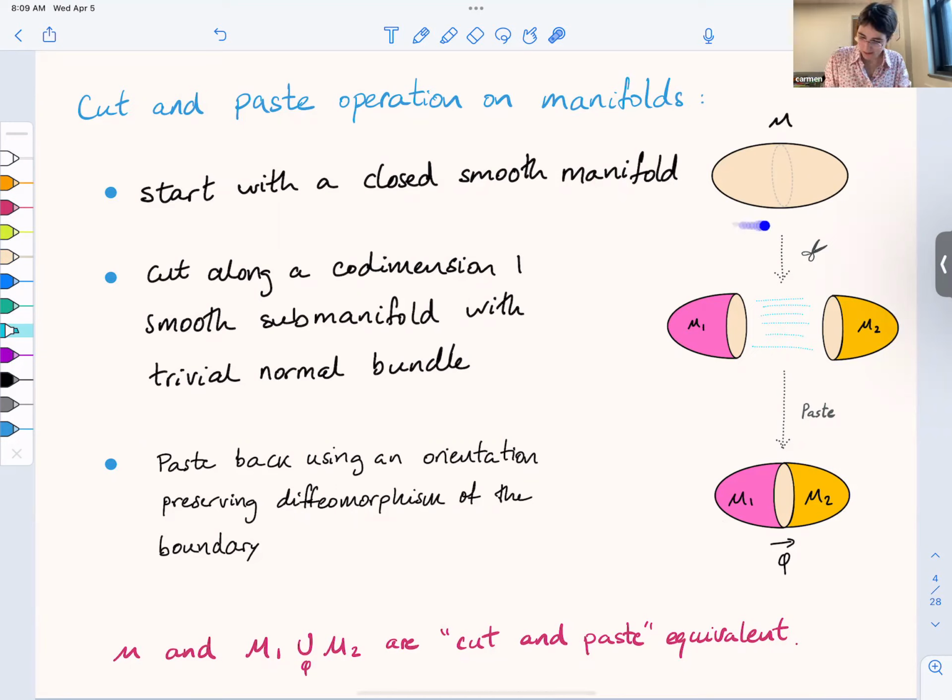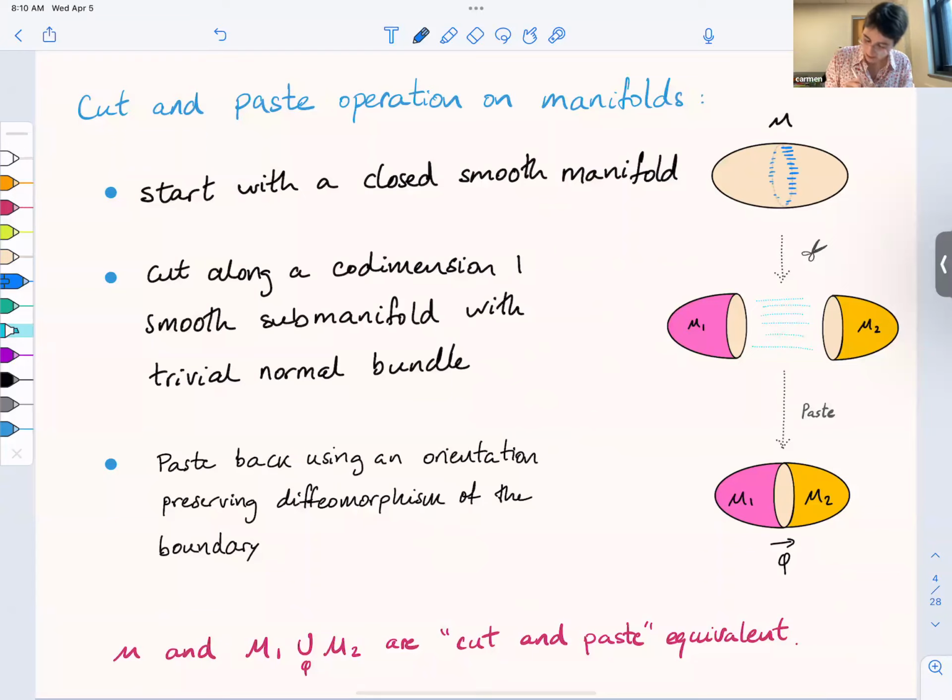So we start here with a smooth, closed manifold of, say, dimension n, and we are going to choose a co-dimension 1 smooth submanifold with trivial normal bundle. It's already highlighted a little bit, but the co-dimension 1 submanifold that we're choosing has a trivial normal bundle.